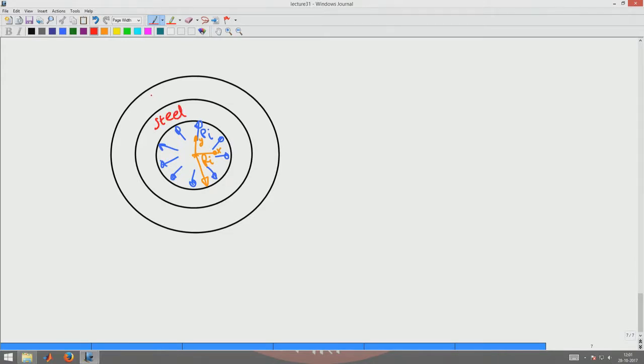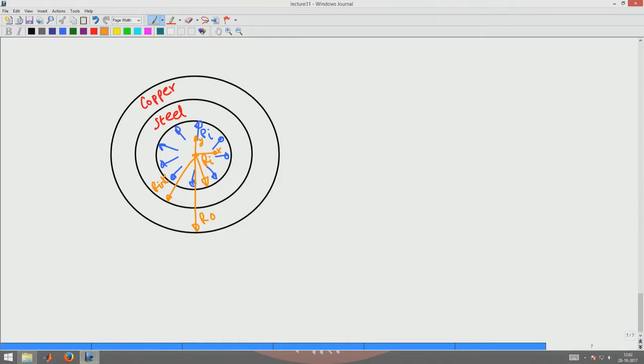Let us say the inner cylinder is made of steel and the outer cylinder is made of copper, and there is an inside pressure applied to this composite, and let us assume that this is our interface, R0. Okay.